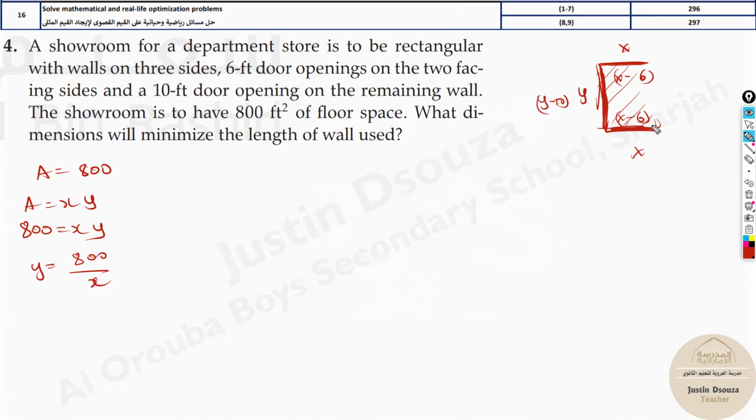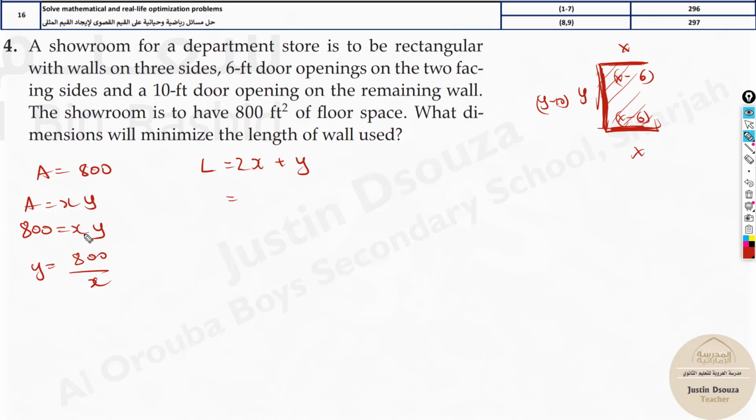Now, let's find the length, the perimeter, or I'll just write it as length. What is the length? There is 2x, x plus x. I'll write it 2x plus y. There is y one length, then the open side, right? Here now, what I'll do is, I will write x minus 6. Why?